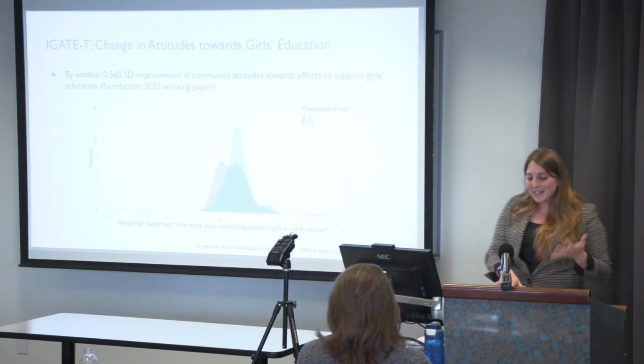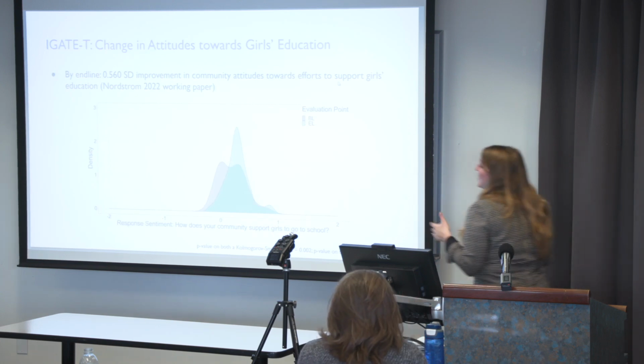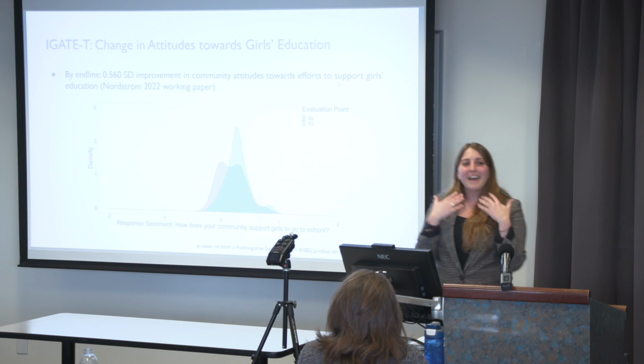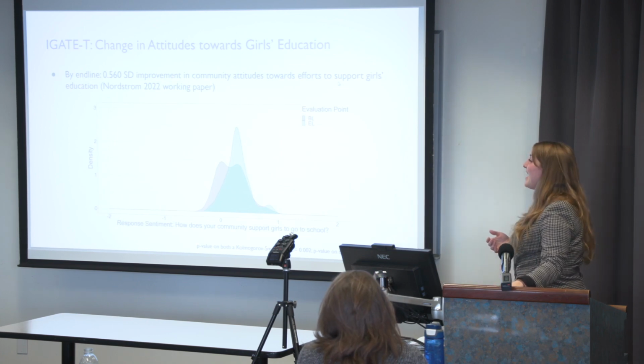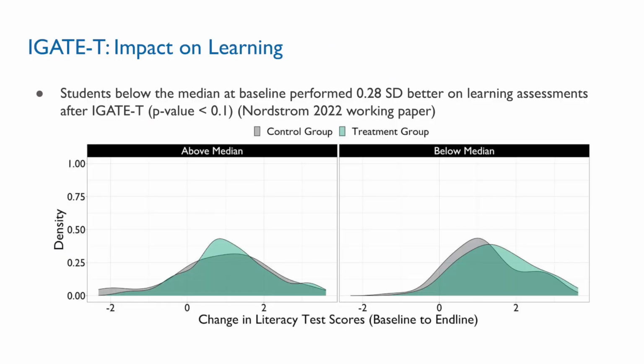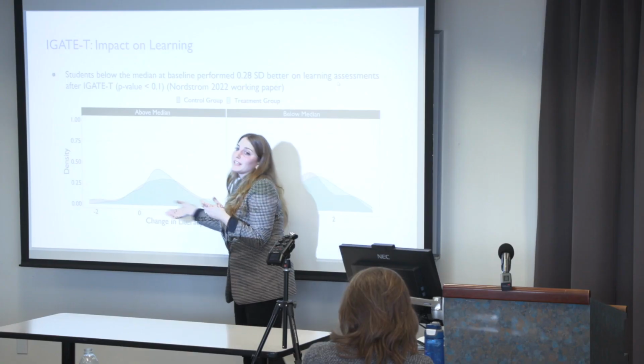And so turning to that quantitative data, we also wanted to think about how these programs are affecting education, right? We're here to think about how these programs can affect education. And what we're seeing is that for students who were already doing pretty well, the program didn't necessarily have any added impact on their outcomes in terms of test scores.